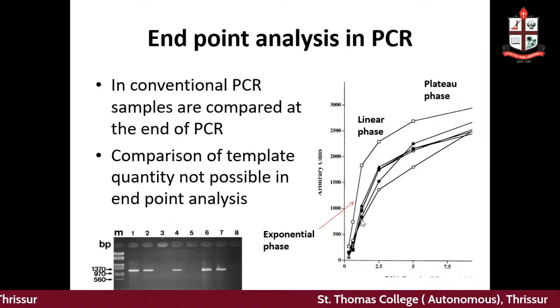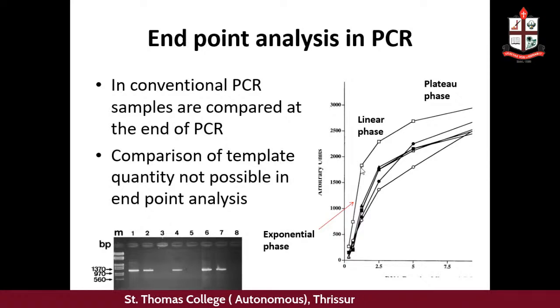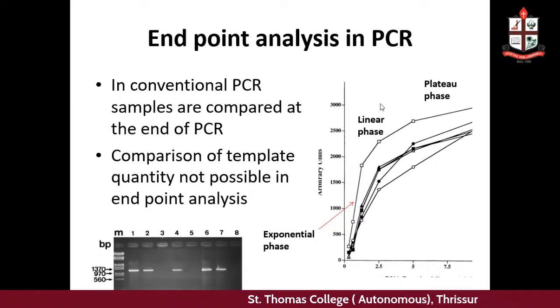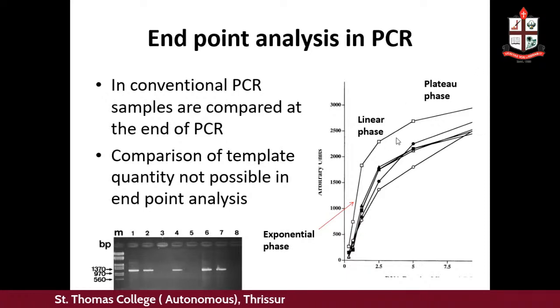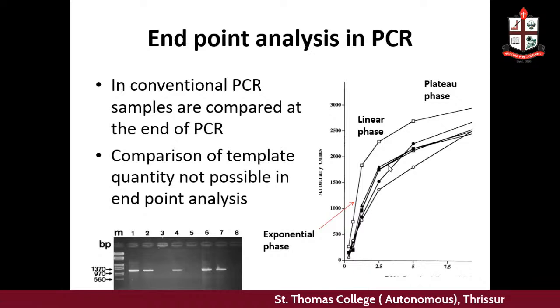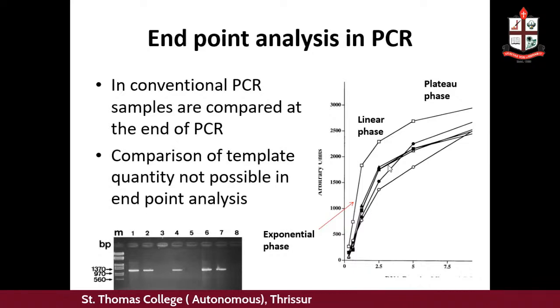This exponential increase will happen only for a short duration of the PCR, say around 15 to 20 cycles. Then the exponential increase will stop, and the PCR will move into a linear phase. This is because the reagents in the PCR mix get depleted, most importantly the dNTPs and primers.